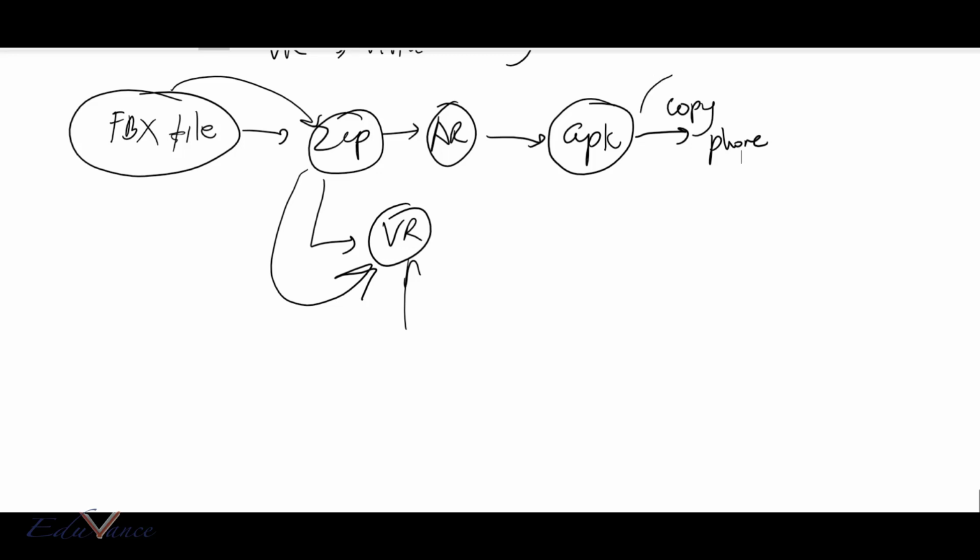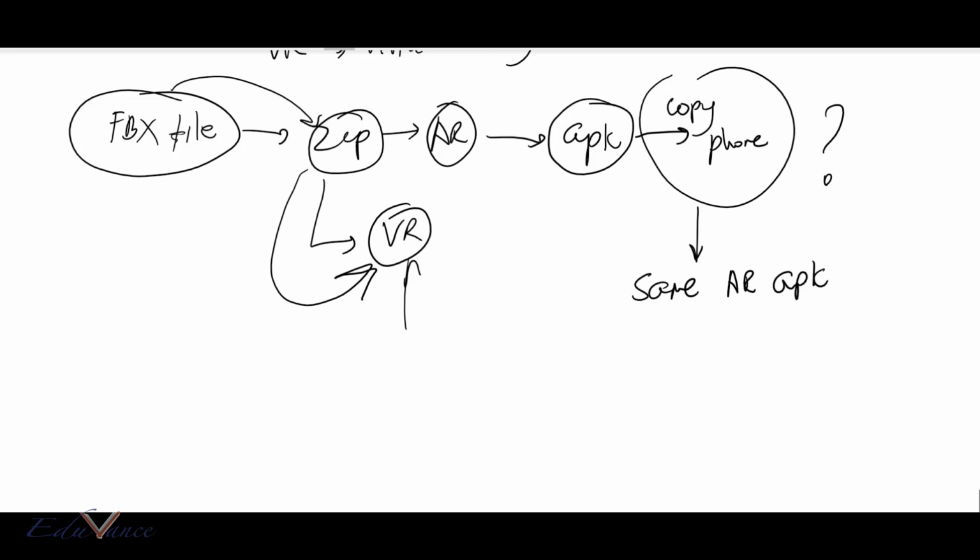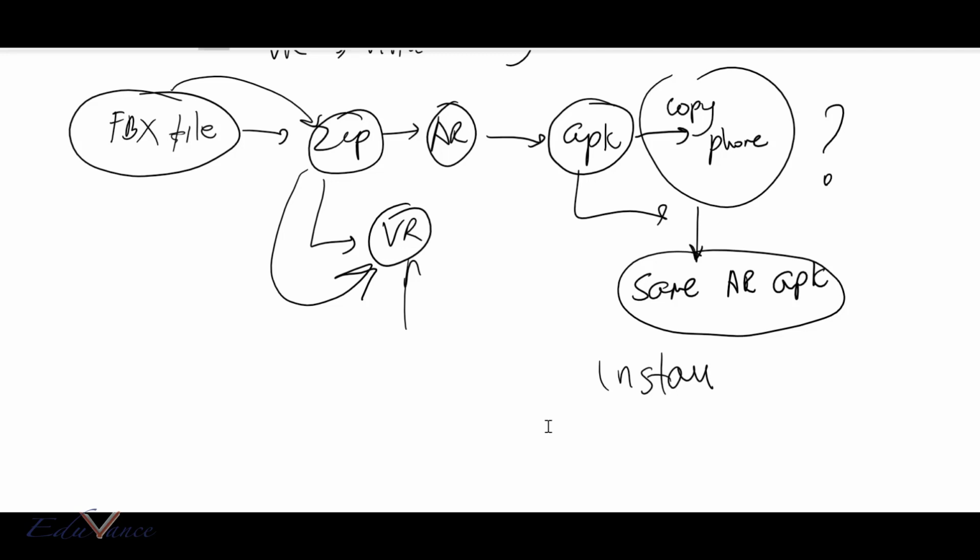Now, if you're wondering how to do that, the process is the same that we followed for our AR APK. So you can go back and view that lecture again. You copy your APK on your phone, and then you have to install it. This process is straightforward. Just follow that lecture again. Once you have installed your APK, then I will show you in another lecture how to use your VR app.